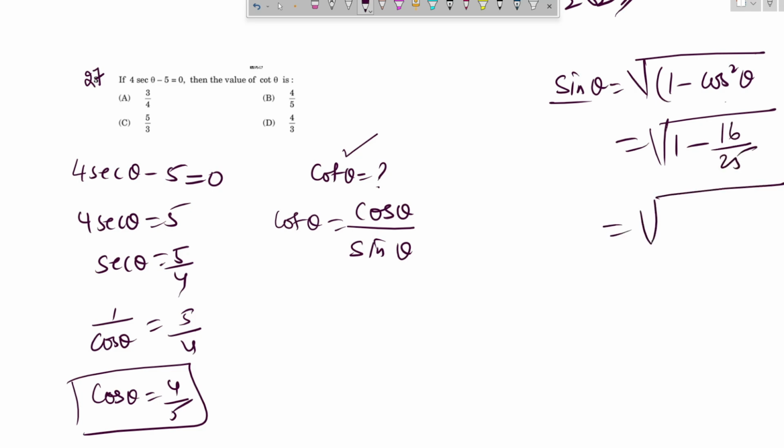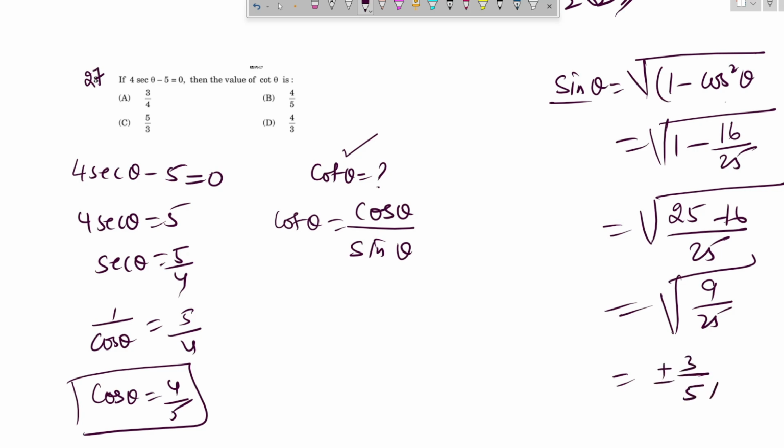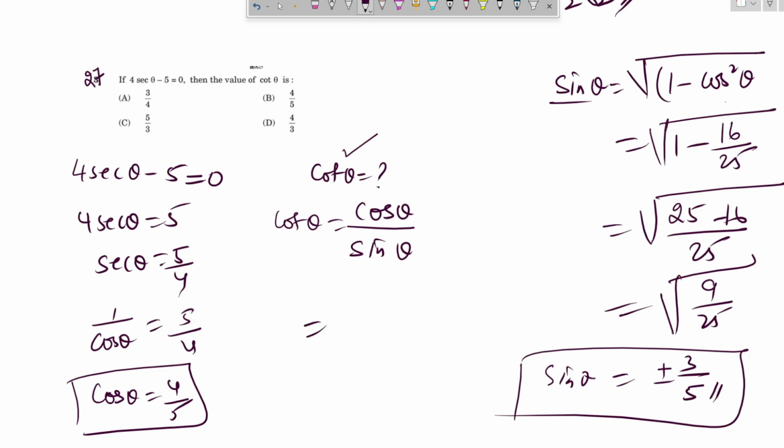Solving it, we will get 25 minus 16 by 25, which is equal to root of 9 by 25. The root of 9 by 25 will be plus or minus 3 by 5. Now substituting these values here in cot theta, so cos theta is 4 by 5 divided by sin theta, which is plus or minus 3 by 5, which is equal to 4 by 5 into 5 by 3.